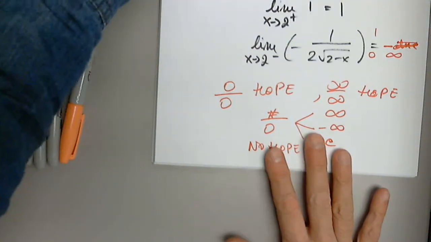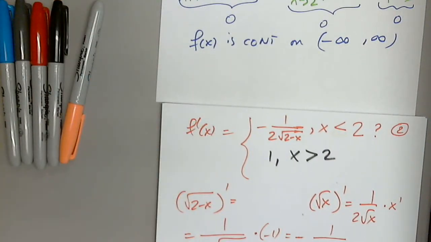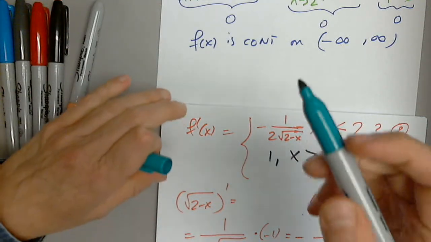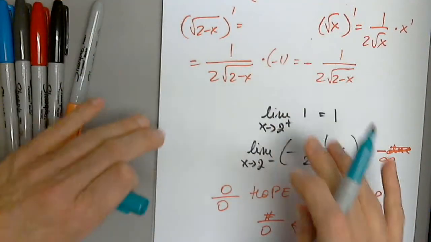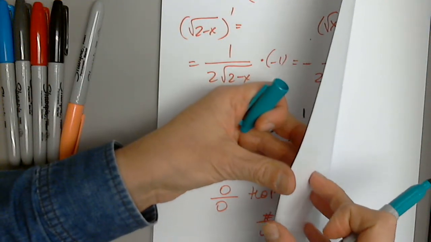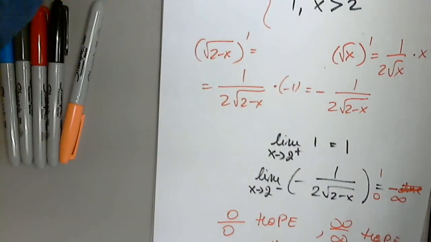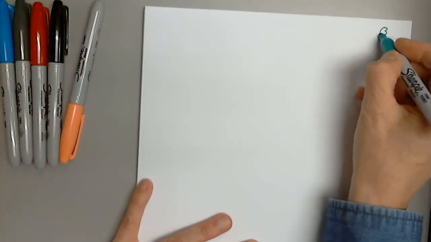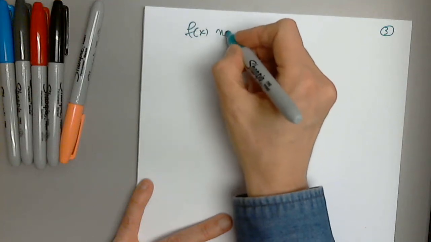Finally, what do we conclude? Although the function is continuous on all its domain, what do we conclude about differentiability? Non-differentiable at 2. And that's the final answer. Although continuous at 2, not differentiable at 2.